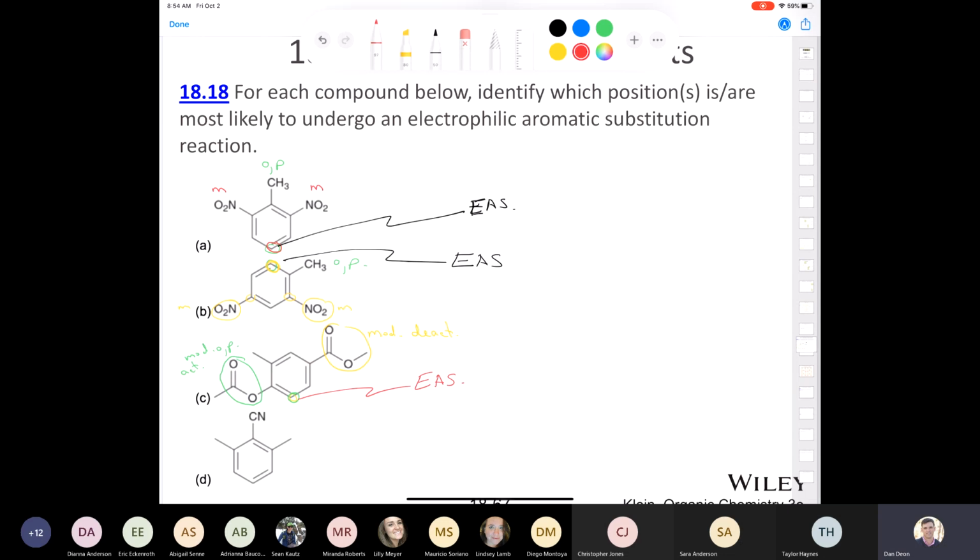All right, let's give one more the old college try here. Let's do this one a little bit quicker. By now, you're probably partly familiarized. We've got a nitrile. Does anybody remember if a nitrile is activating or deactivating?